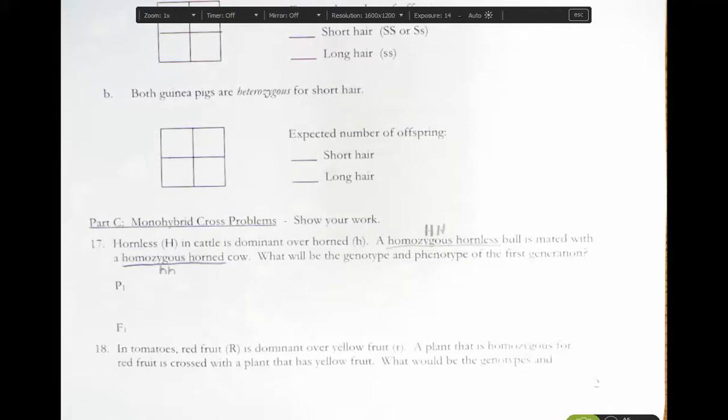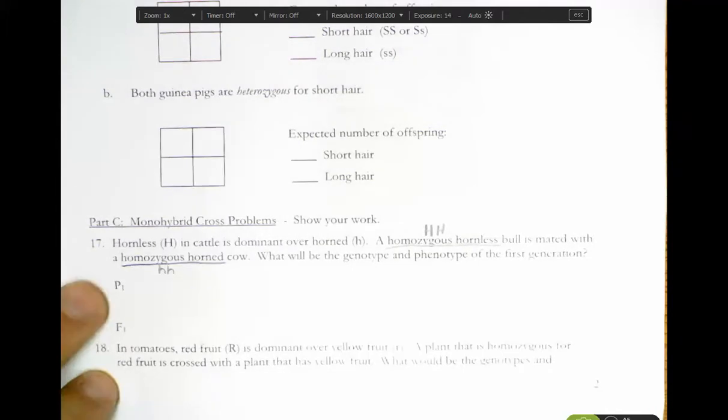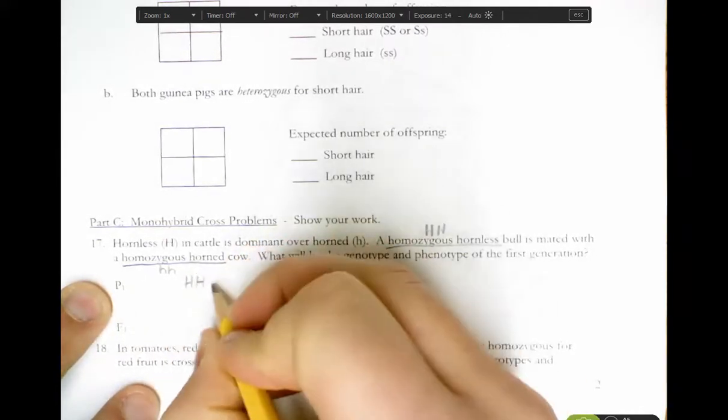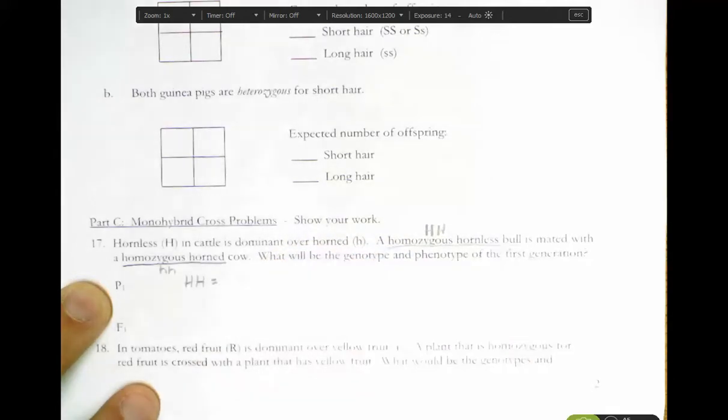So we want to know what will the genotypes and phenotypes of the first generation be. So first we want to start with the parents. What is the genotype of the bull? Uppercase H, uppercase H. And if they are uppercase H, what does that equal for its phenotype, its physical traits?